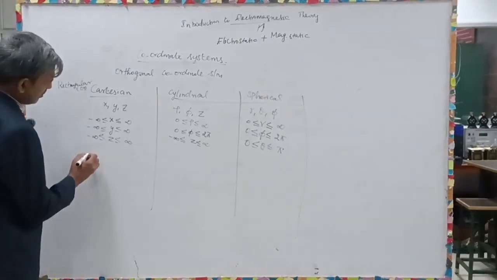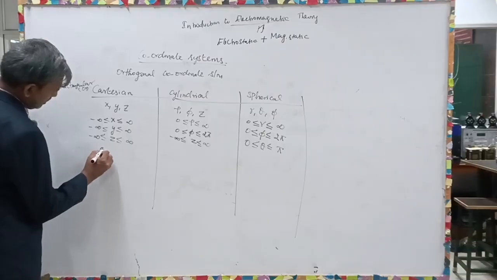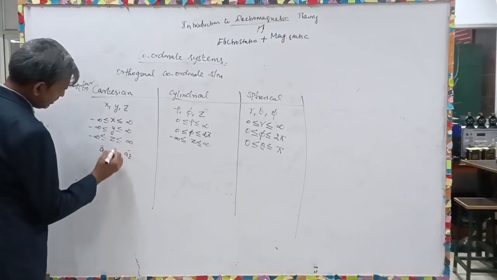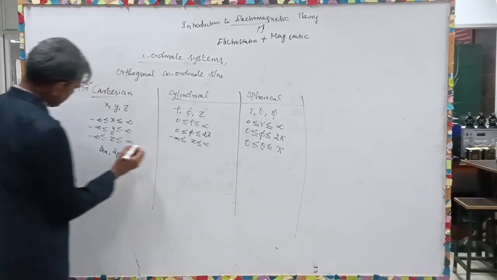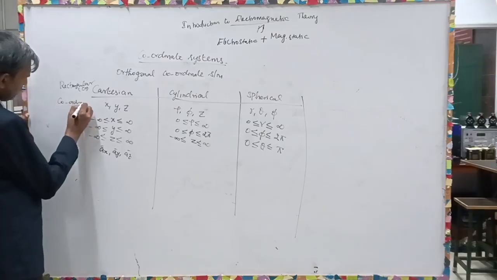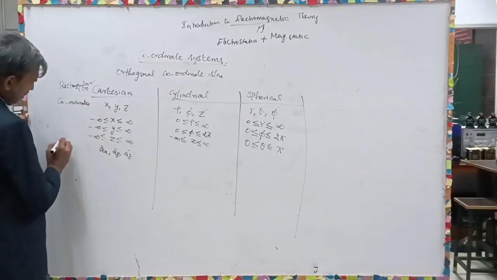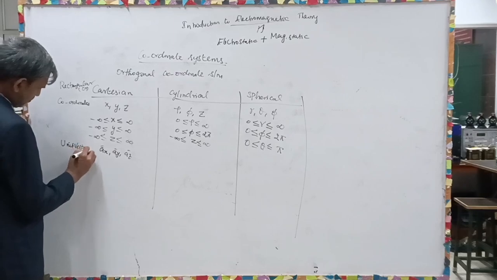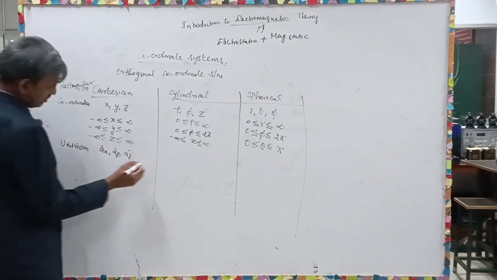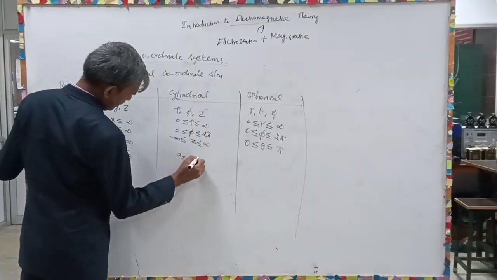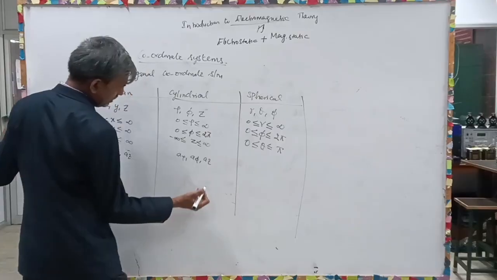The unit vectors of the Cartesian coordinate system are ax, ay, az, and the unit vectors of the cylindrical coordinate system are a rho, a phi, az.